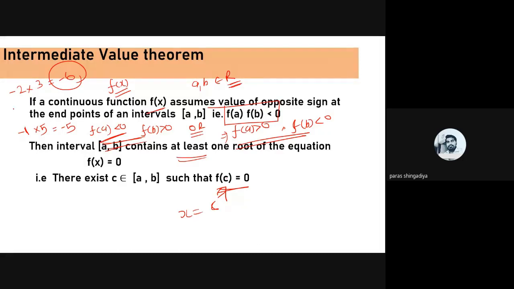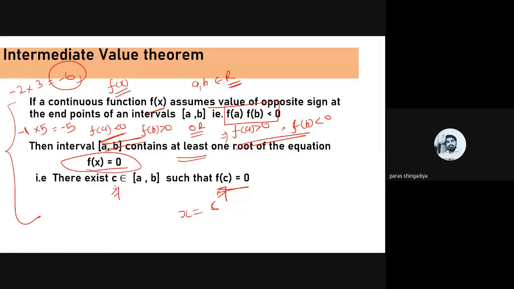So this is called the IVT theorem. f(x) is the given equation, and now you have to assume two values a and b where f of a is negative and f of b is positive. Clear? And now we can make one statement: there exists one root, there exists one value in the interval a and b such that f of x will be 0. What does it mean?